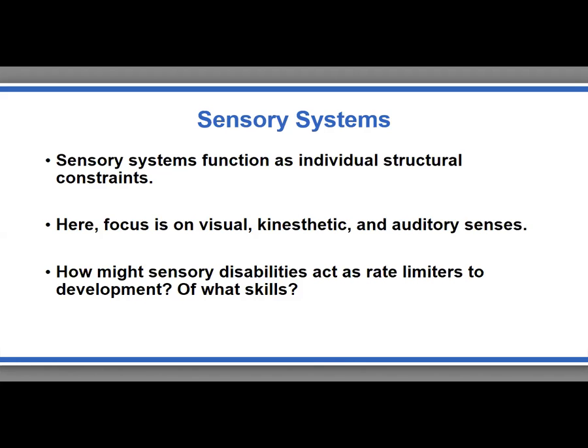So again, how might sensory disabilities act as a rate limiter to development? When you look at walking skills, especially movement patterns, like walking to running, as well as in sports when you look at agility and navigating over different terrains, if you can't see, it changes how your body navigates things.